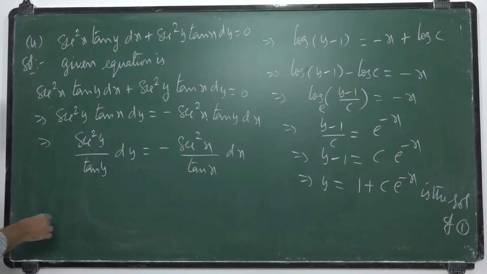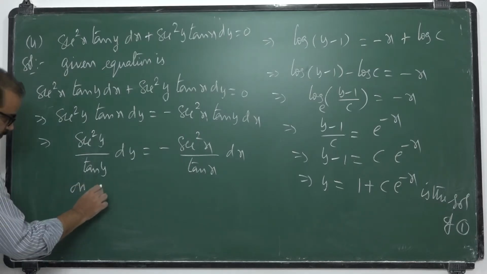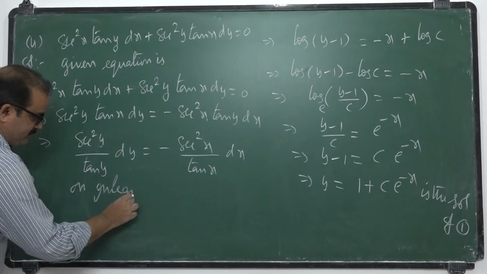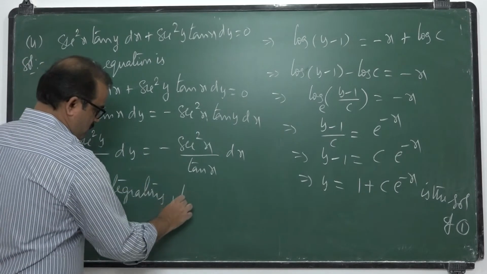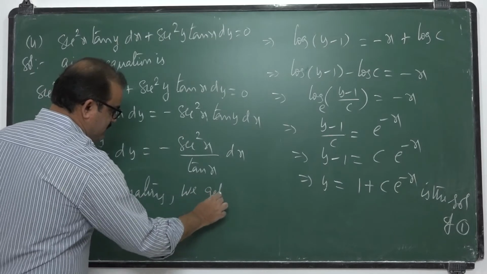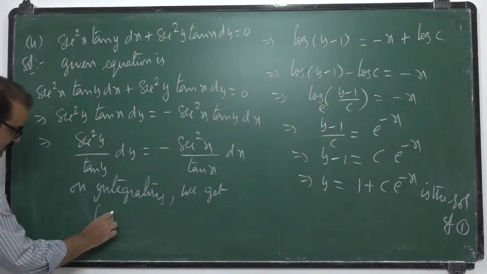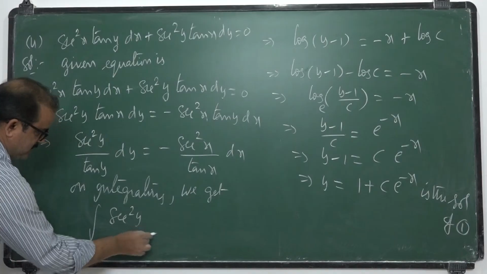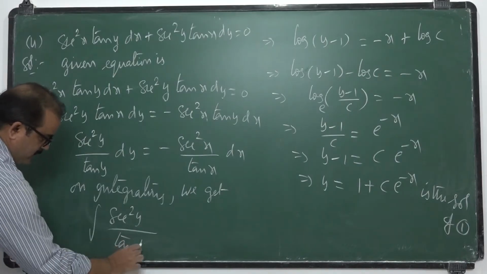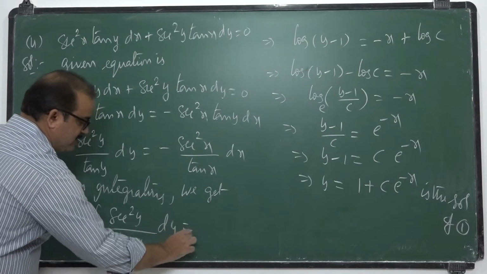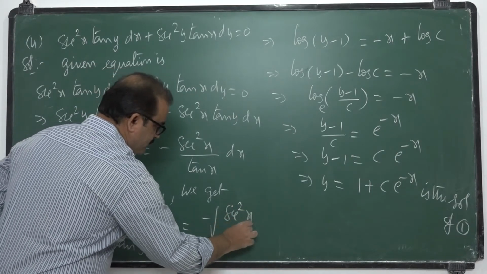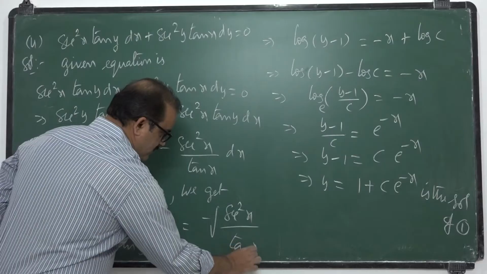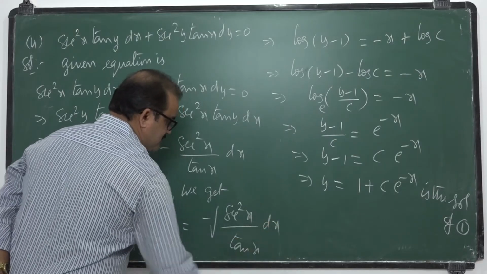Now integrating, we get integral of secant square y by tan y into dy is equal to integral of secant square x by tan x into dx.